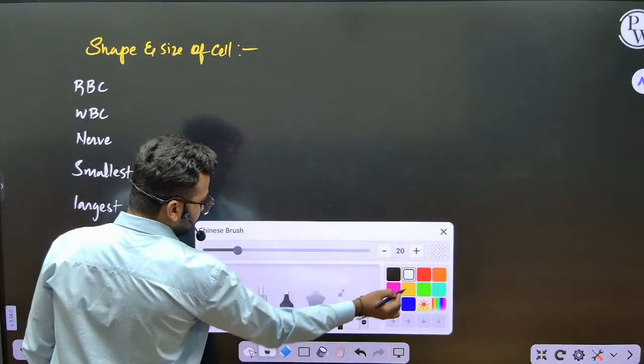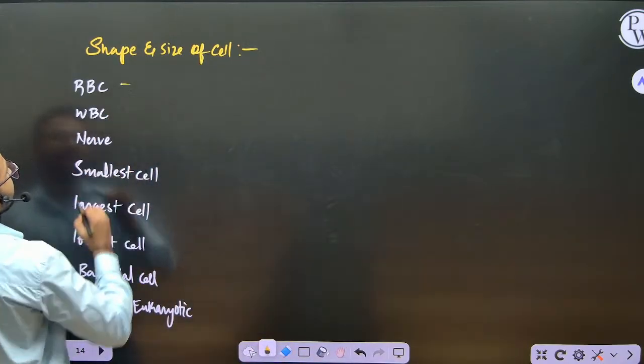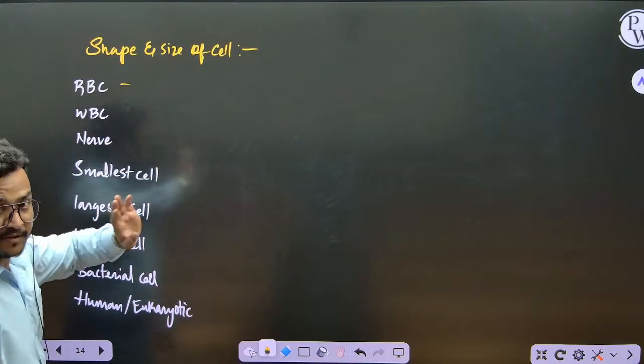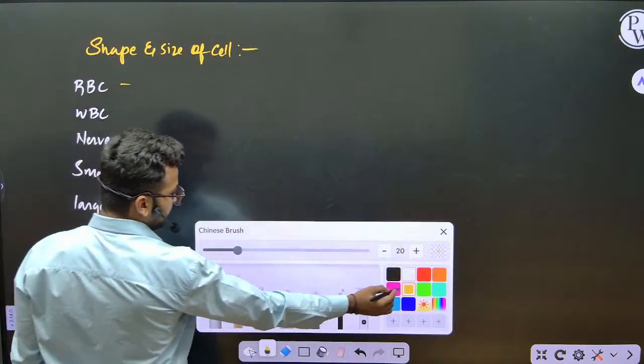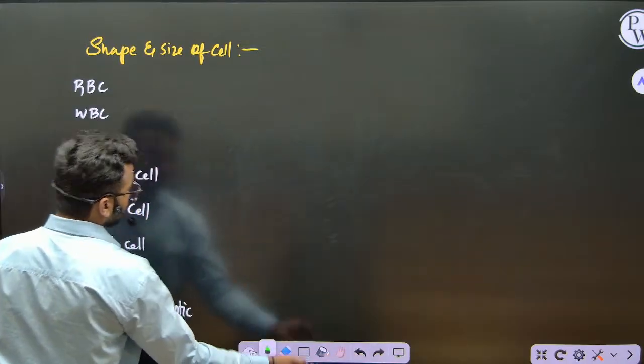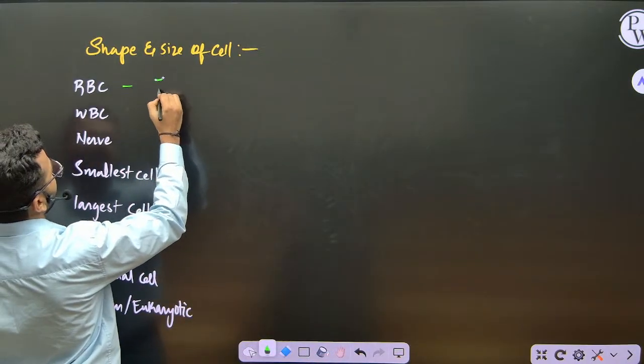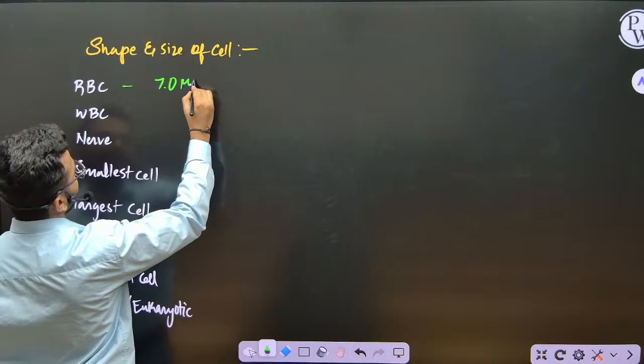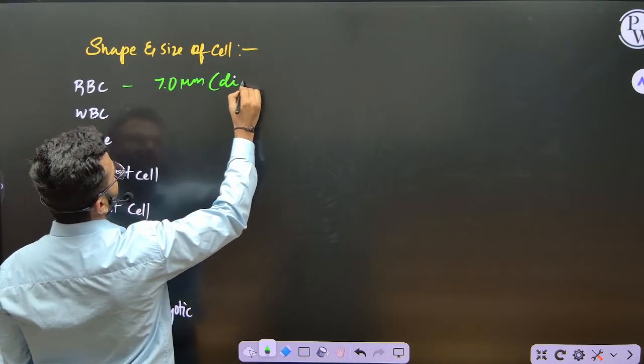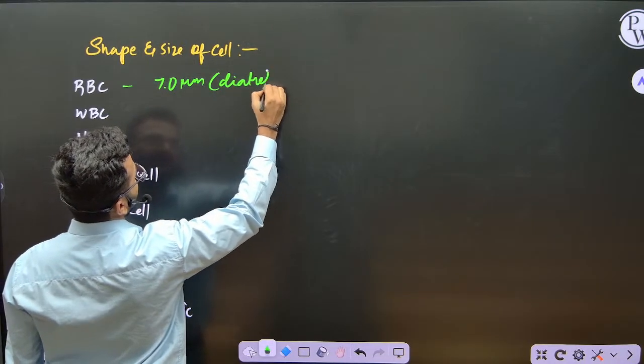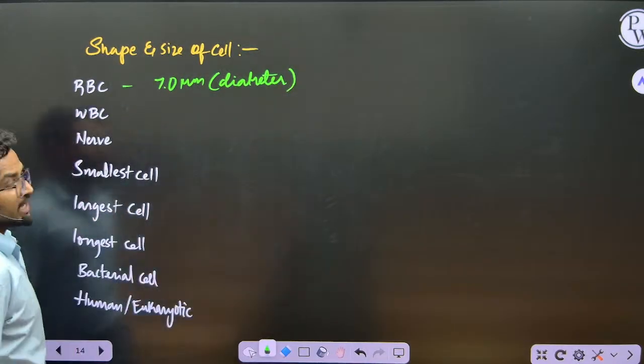Coming to the size of the cell, the size of the RBC is 7 micrometer in diameter. If it is an RBC, the diameter will be 7 micrometer.